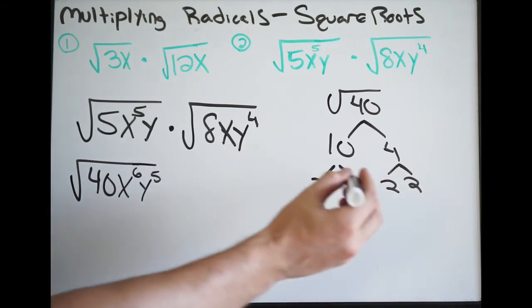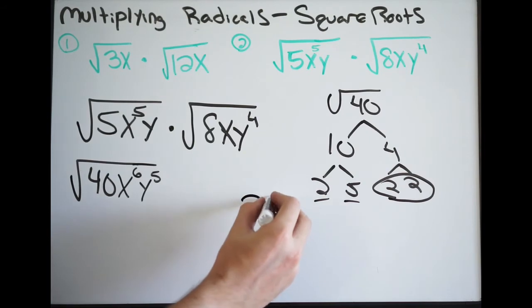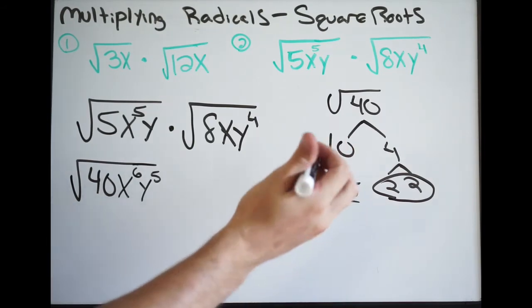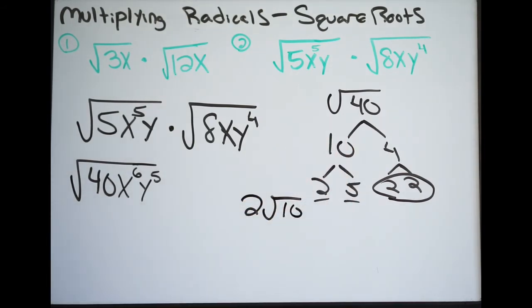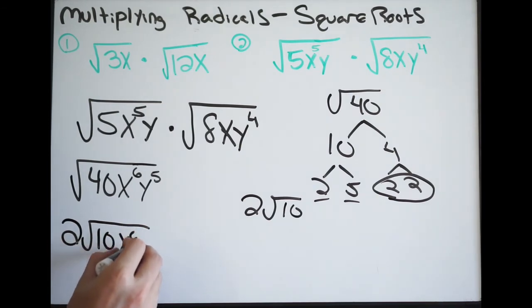Look, I have two 2's here, meaning a 2 can come out, and then 2 and 5 are going to stay behind. So I get 2 square root of, and 2 times 5 is 10. Let's rewrite what we have here. We have 2 and then the square root of 10, x to the 6th power, and y to the 5th power.